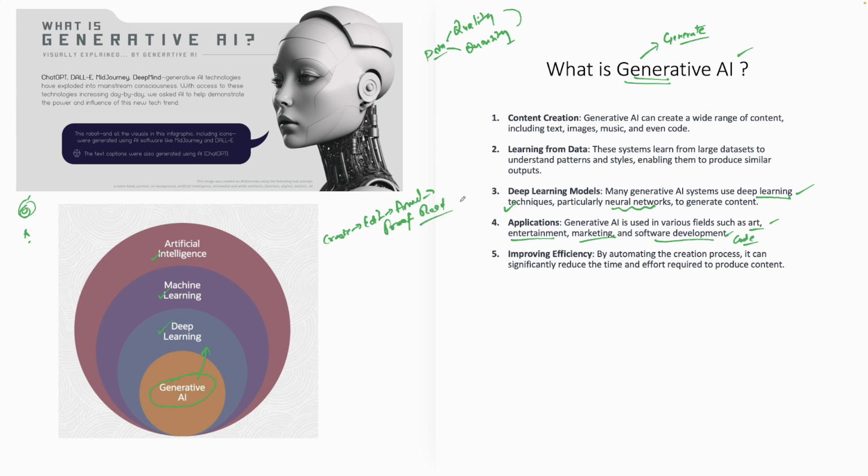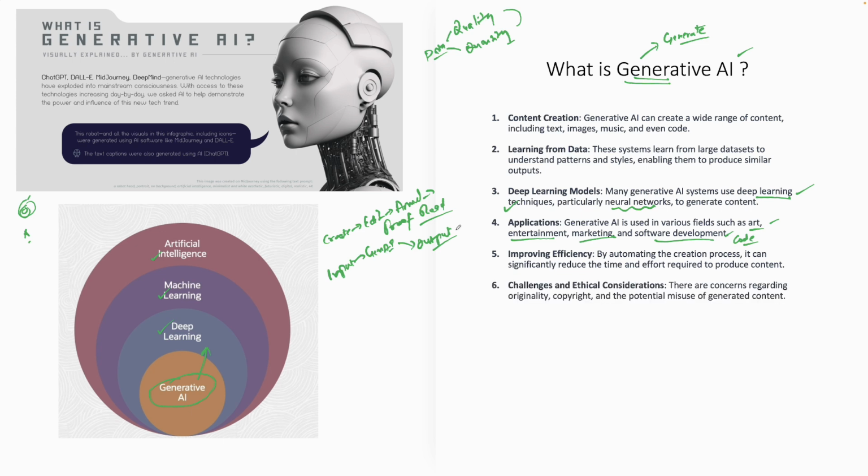Now what we are saying is, just give your input to a Gen AI system and it will give you the output. There's nothing really left to improve upon, because it is already coming through a very deeply learned model. So you're automating the creation process.